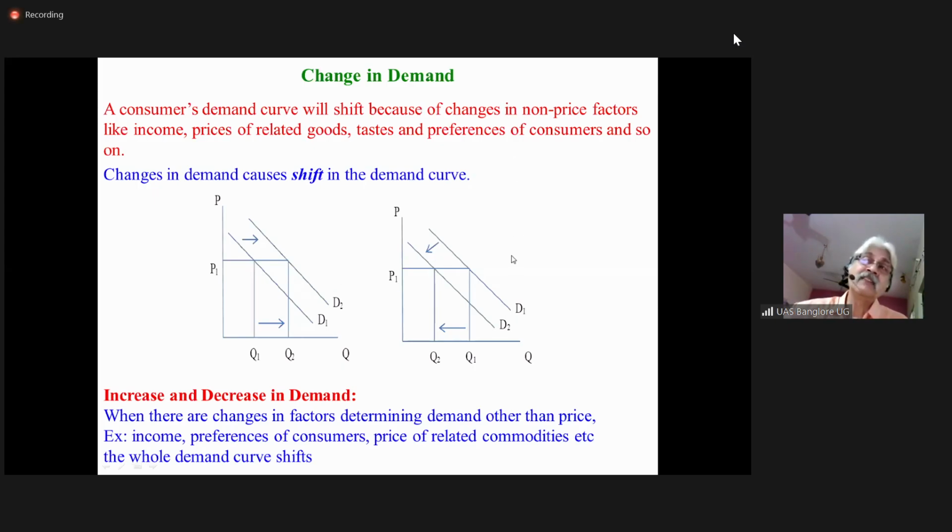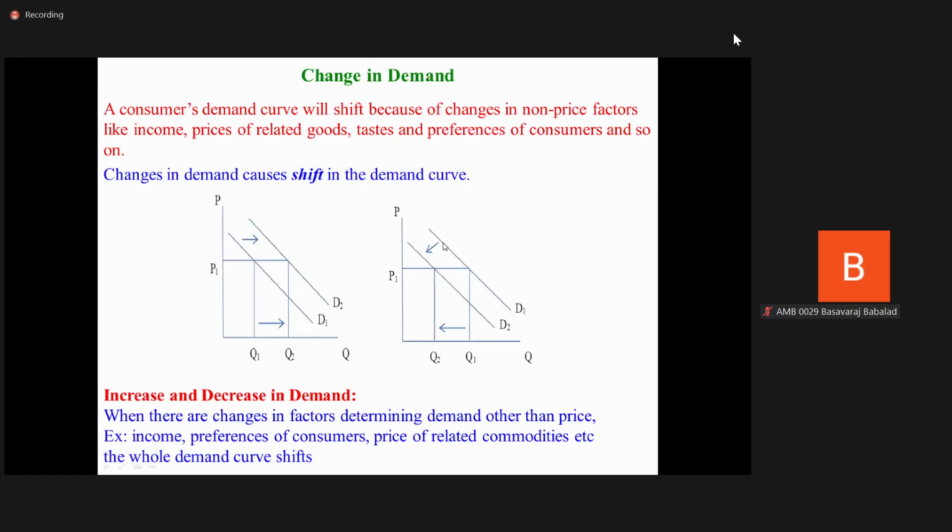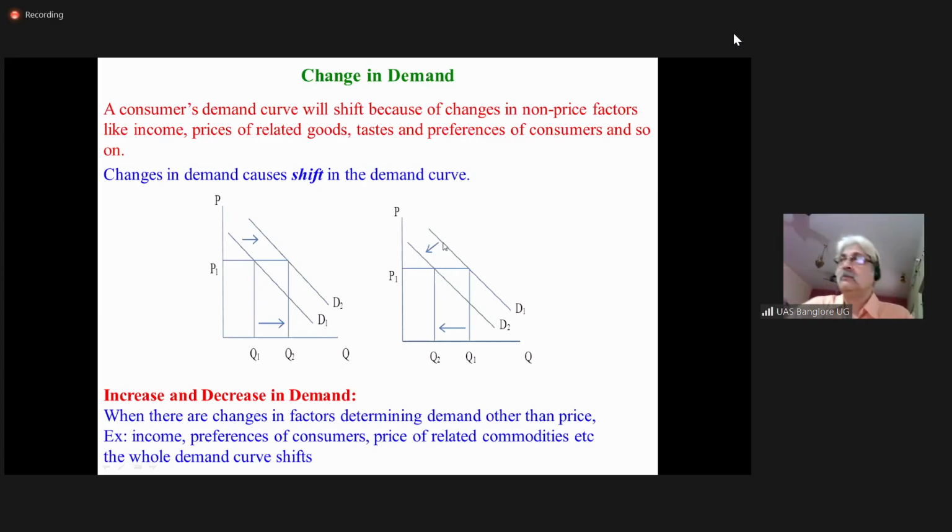Why is there a shift? Because price of that commodity, suppose it is sugar, the price of sugar remains the same, but the quantity demanded changes. Maybe because the doctors advise a particular consumer, now your blood sugar test has shown that you have diabetes.